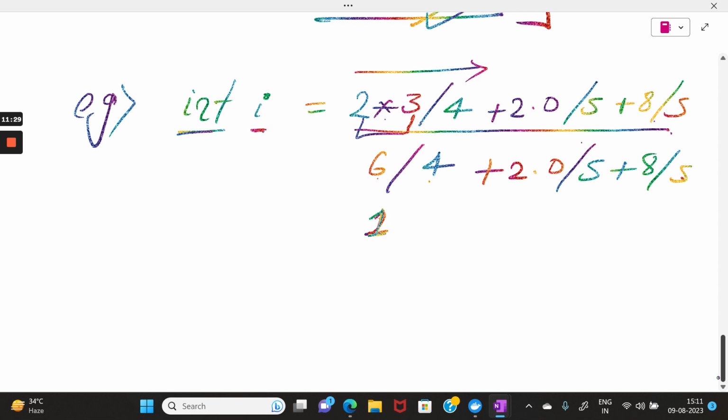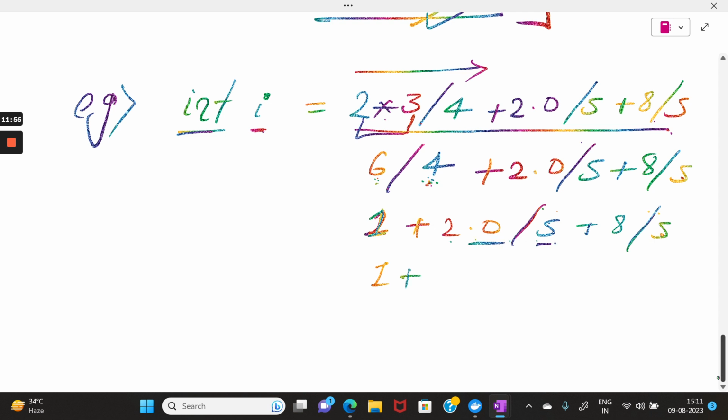Okay, and that is because both of them are integers, right? We learned this in the very first part of the lecture. Then we have 2.0, then 5 plus 8 divide by 5. Now we are having this plus, then we have division, then division. These two are having higher precedence. So left to right again, 2.0 divide by 5.